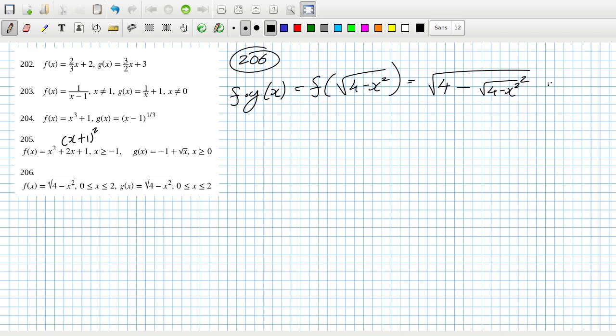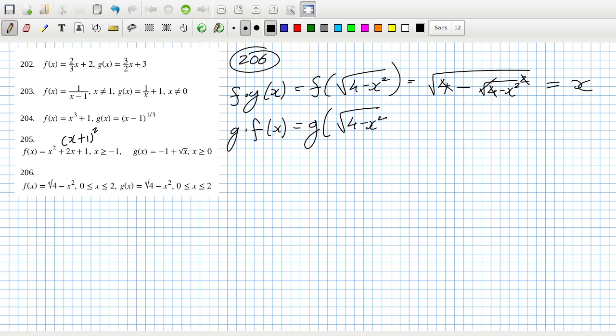So that's going to be x, because the square and the square root cancel. The 4 and minus 4 will cancel. Minus minus x is x.